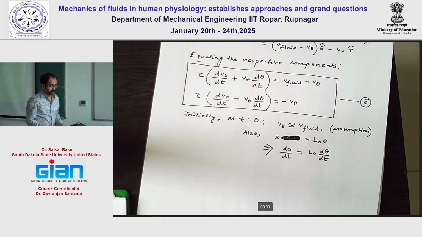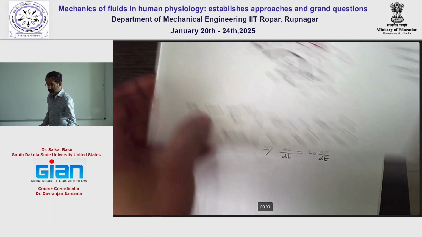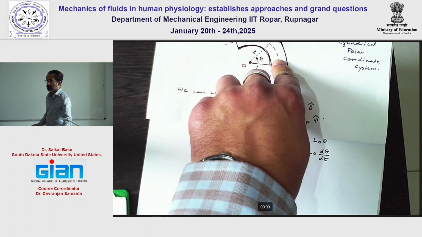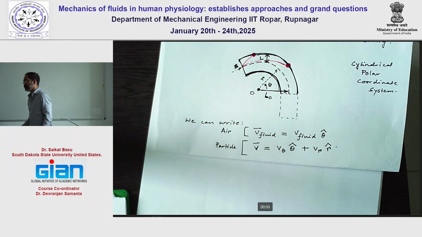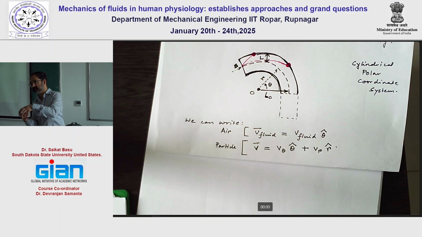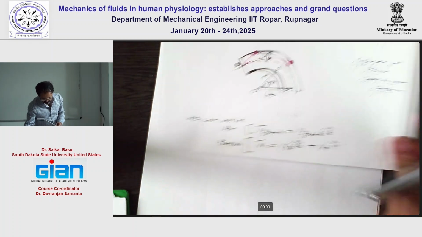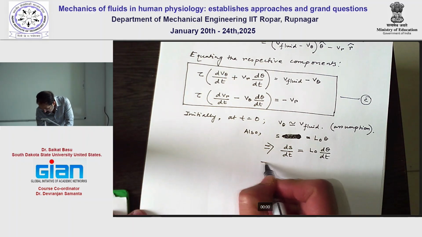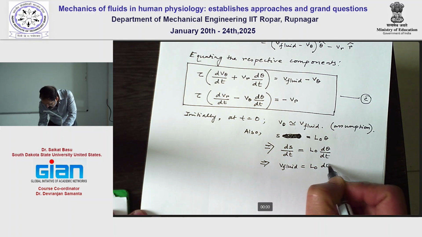Can we assume something for it? Can we say that ds dt is v fluid? That is how the fluid is moving, right? We are talking of this as a packet of fluid moving with S being basically the centroidal point. So can we write that this is hence v fluid equals L naught d theta dt.